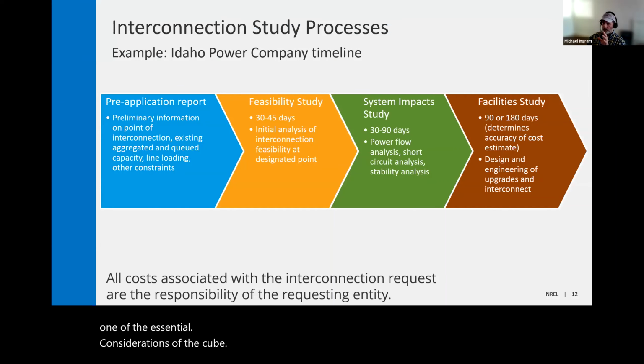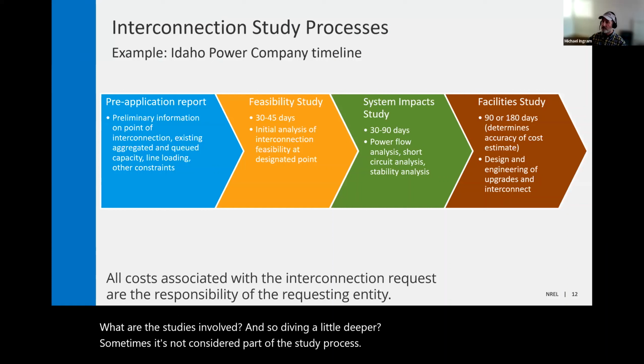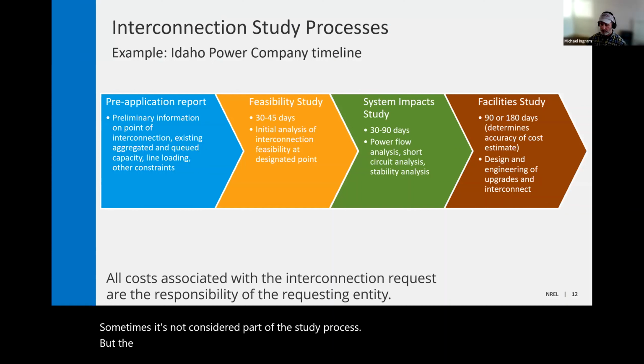So what are the studies involved? Diving a little deeper, sometimes it's not considered part of the study process, but the pre-application report, where it is available, is in my opinion part of the study process.